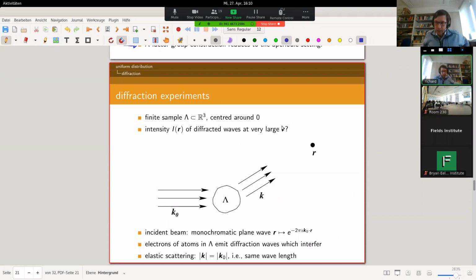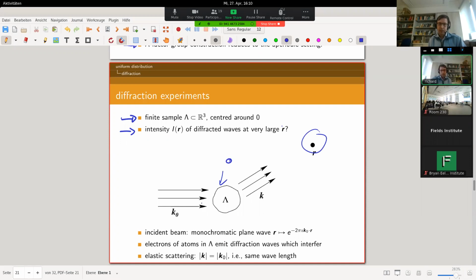So we have seen in Daniel's talk also on Monday a bit about it, and I can briefly go through the same ideas here. So diffraction experiments start with a finite sample, lambda, and you are interested in the intensity of diffracted waves at a very large distance. Lambda is somehow close to 0. And what you are doing is you have an incident beam, X-ray, which physicists call monochromatic plane wave.